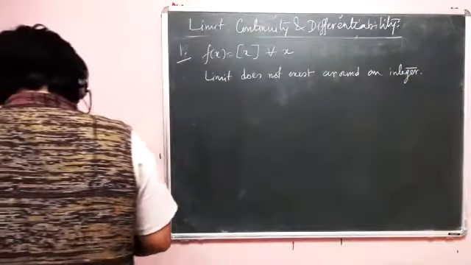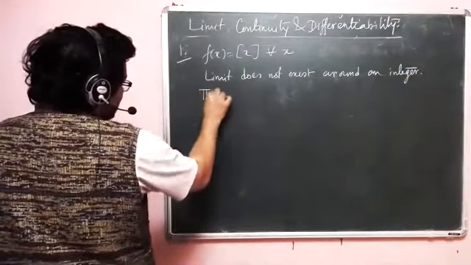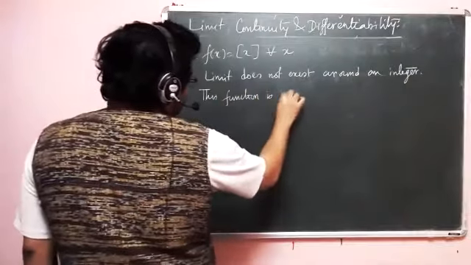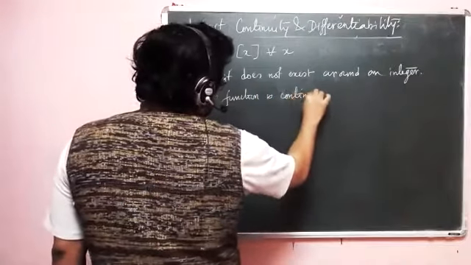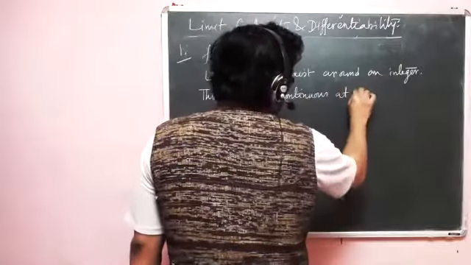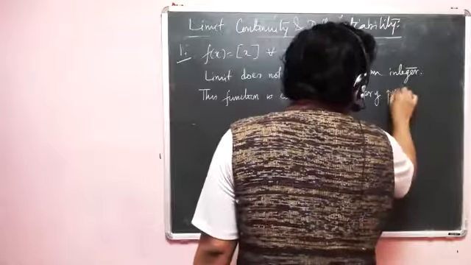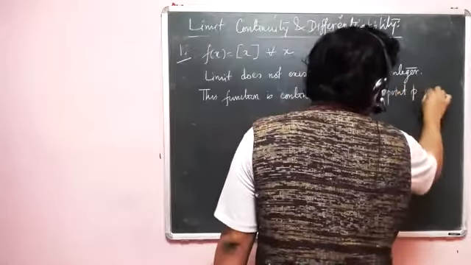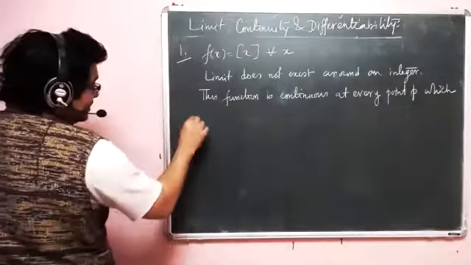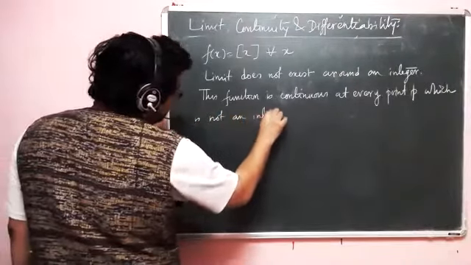So that means if I have to write this, the function is continuous. This function is continuous at every point p which is not an integer.